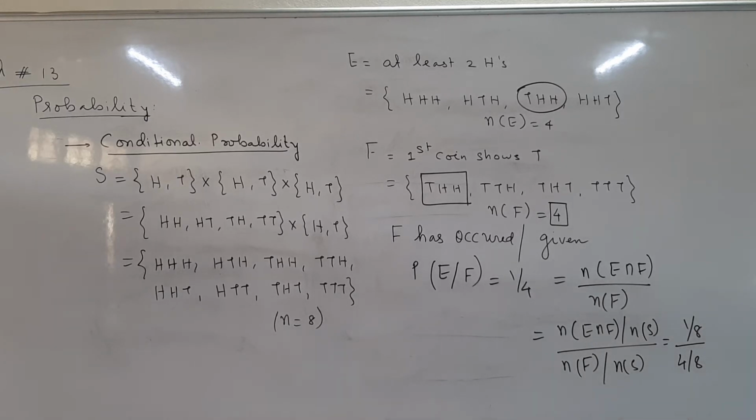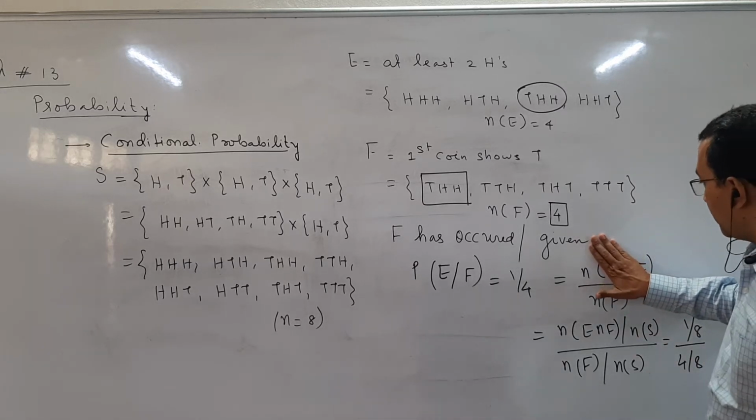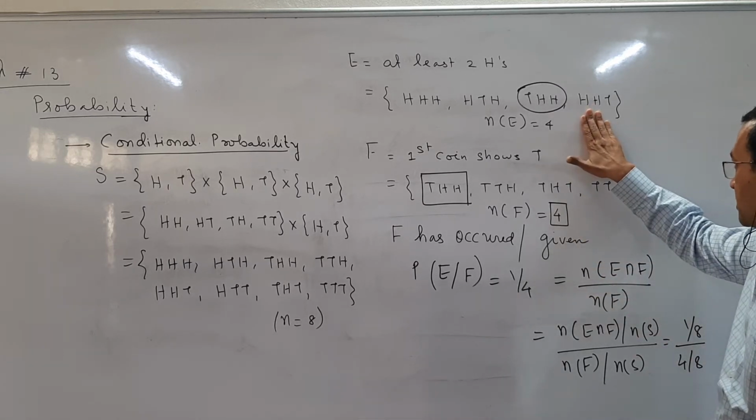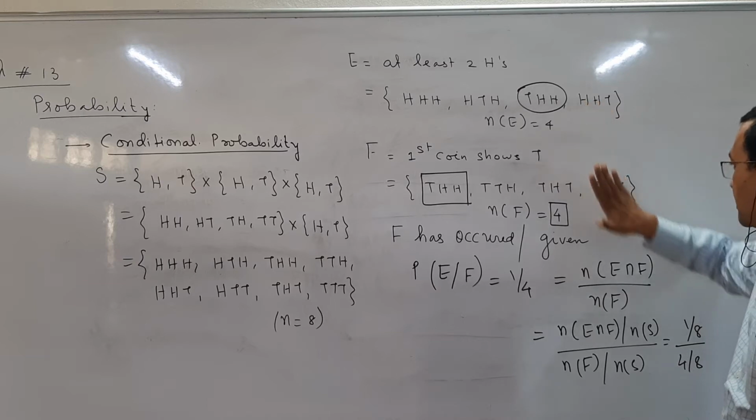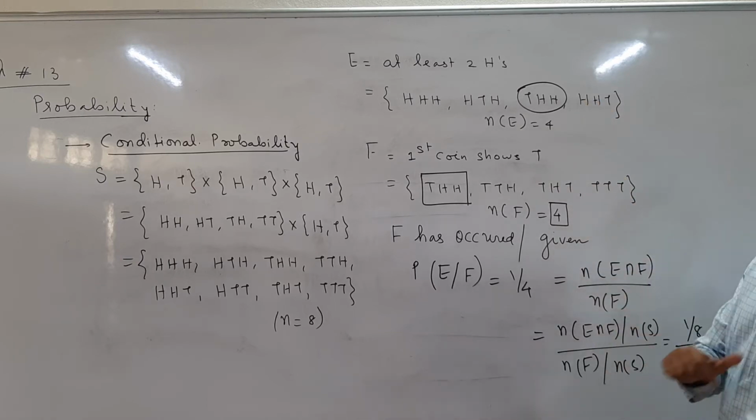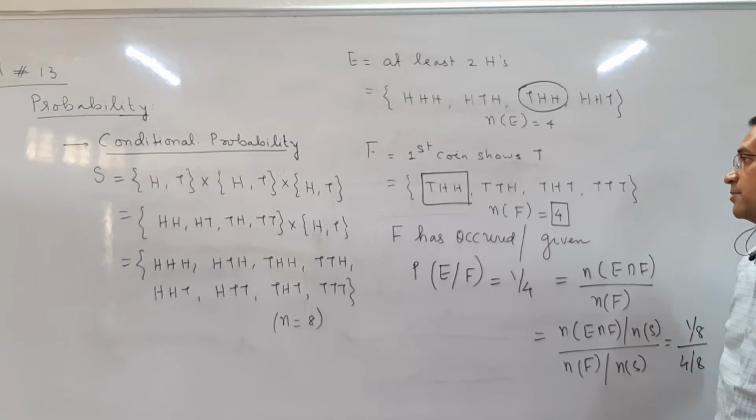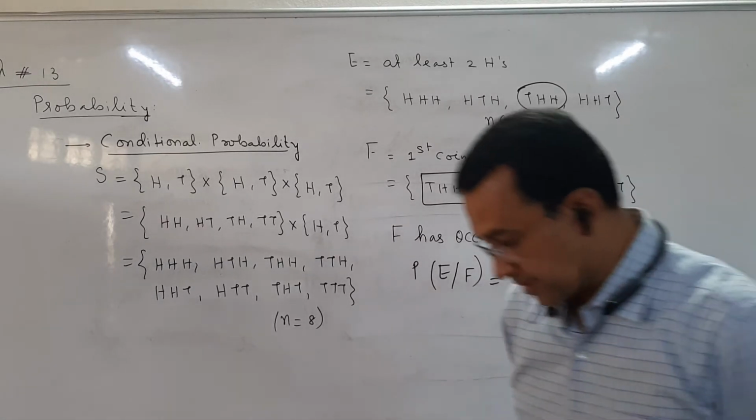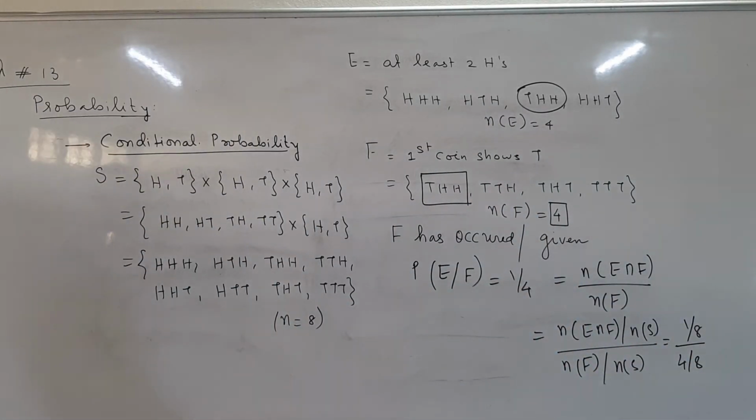So whenever we are discussing conditional probability, the base event has already occurred, and after that the second event occurs. Remember, for the second event, the sample space will be only the 4 elements which belong to the first event. In general, for the second event, the sample space will be reduced to the first event which has already occurred and not the total sample space S.